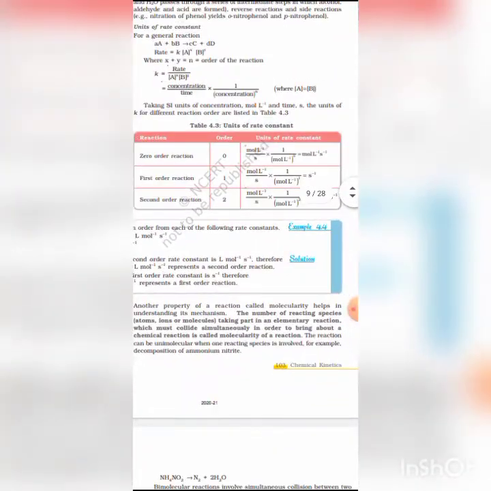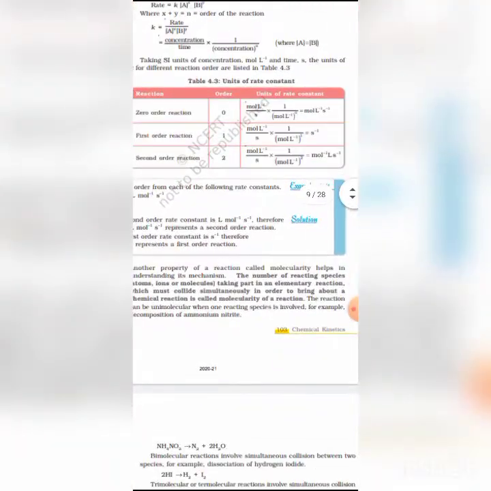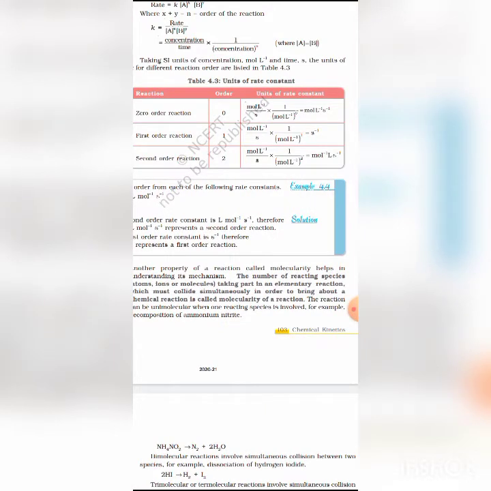And for the rate constant, for a zero order reaction, the unit is mole per liter per second. For a first order reaction, it is second inverse. And for a second order reaction, it is mole inverse liter per second.